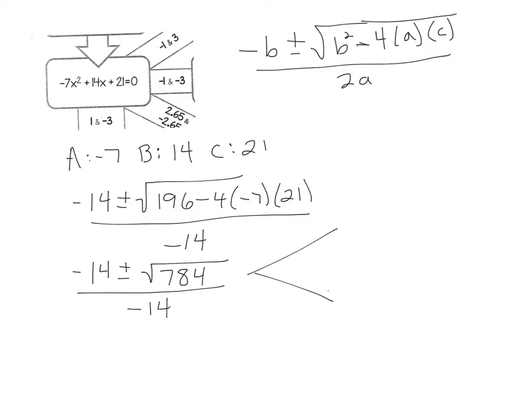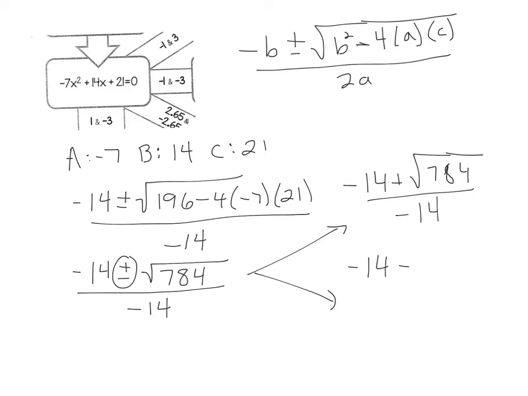And remember that we split this into two problems now because of the plus minus. We would have negative 14 plus root 784 over negative 14. And we would have negative 14 minus square root 784 over negative 14.